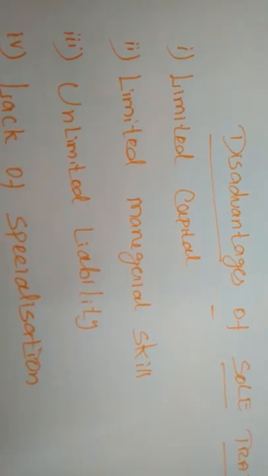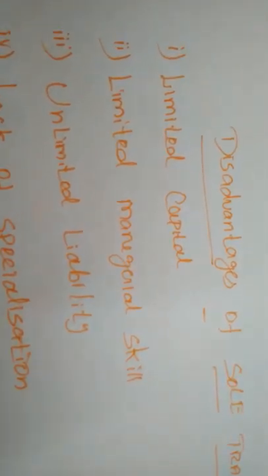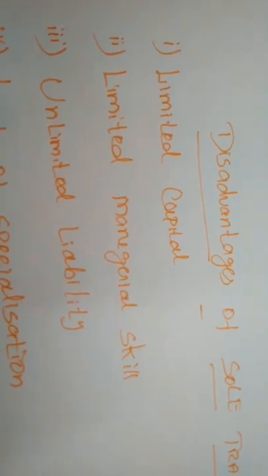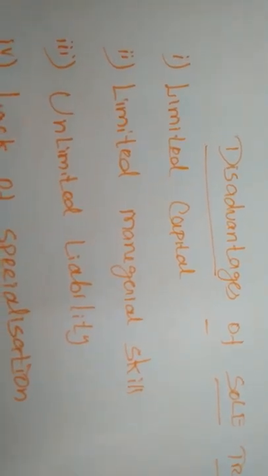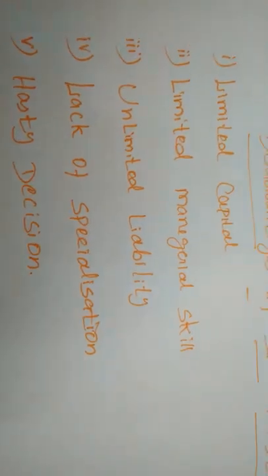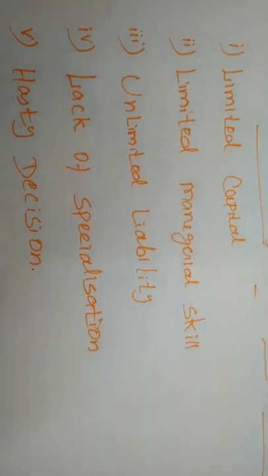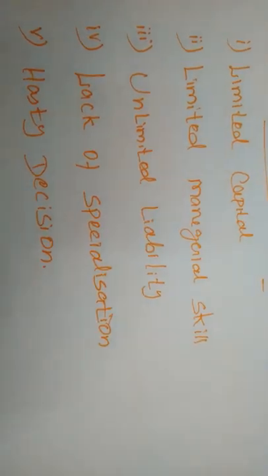Even if he has knowledge about one particular line, he will get some profit. But a business organization requires thorough knowledge of all lines. With limited managerial skill, it is not possible to improve the business.